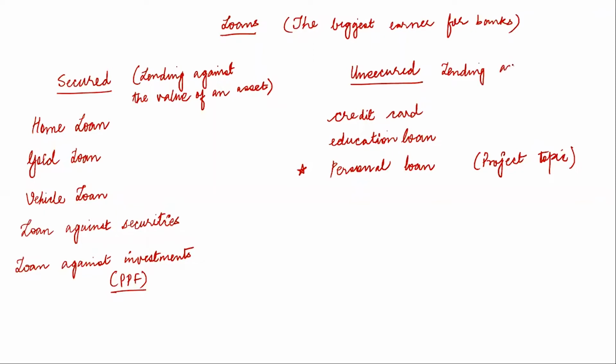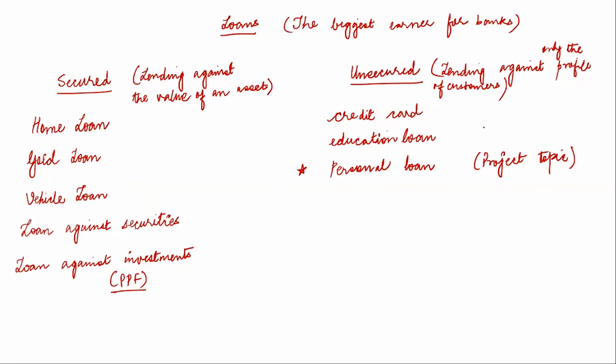Unsecured is lending against only the profile of customers. You are just looking at the kind of customer and making a guess whether it's going to be a good customer. Am I going to get back my money, or am I going to get defaulted upon?